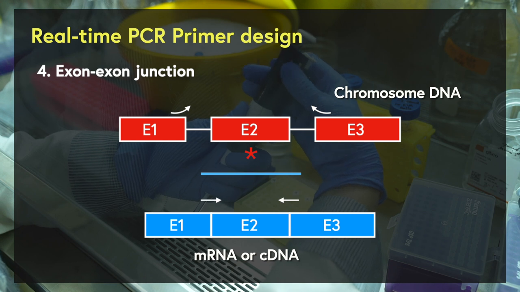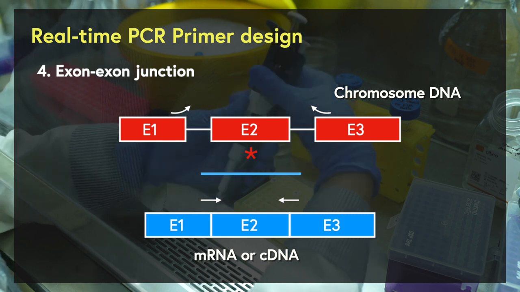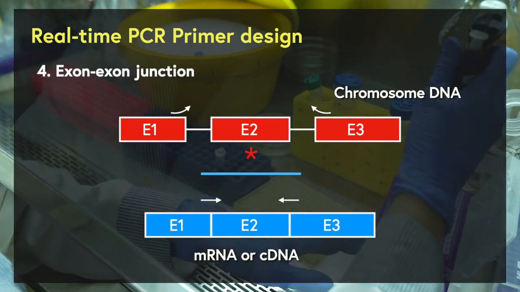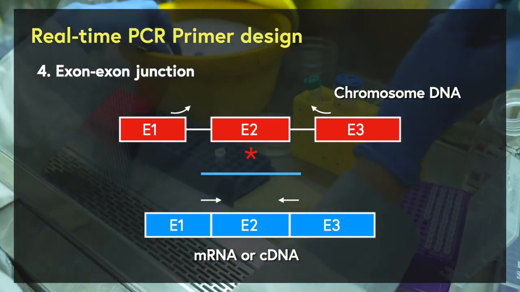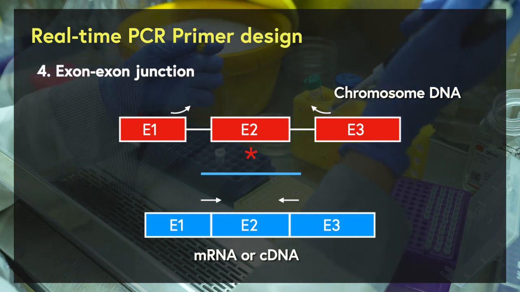For them, the primers designed on exon junctions will only anneal to the exon 1 and exon 2 junction, and the exon 2 and exon 3 junction, for the forward and reverse primers respectively.